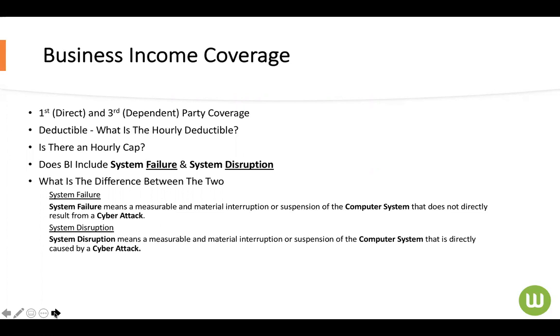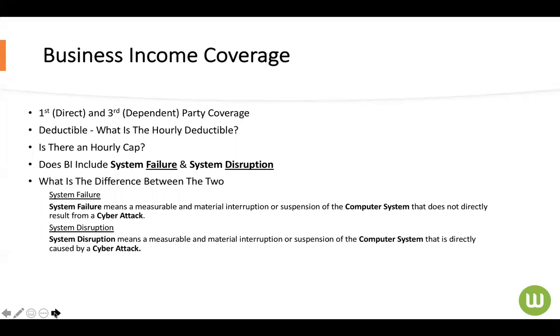Does the business income include system failure and system disruption? Please understand the distinction between the two. System failure means a measurable and material interruption or suspension of the computer system that does not directly result from a cyber attack. An example of a system failure would be your agency is upgrading your software from a third party and the software gets corrupted or there's a glitch in it and your agency goes down for 3 days and you can't operate your business.